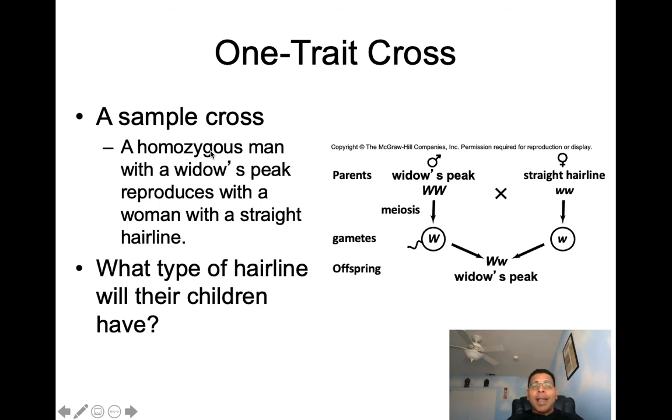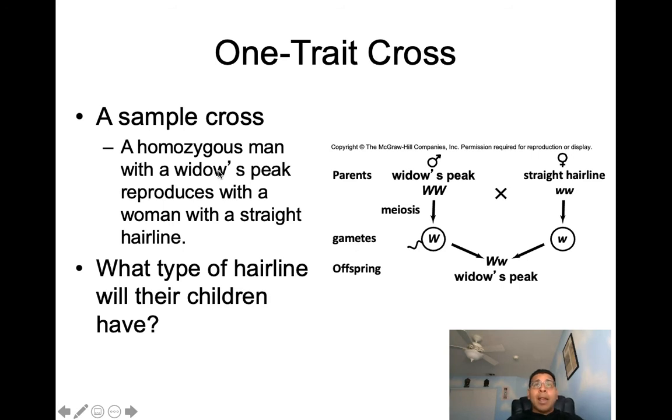If a homozygous man with a widow's peak, so they're already giving us all this information, we should already be processing this in our mind. Homozygous with a widow's peak, we know widow's peak is a capital W. So homozygous with a widow's peak, that's telling us that this individual is going to have the same genotype. It's going to be a capital W and a capital W.